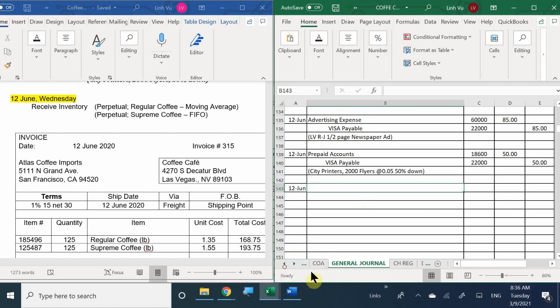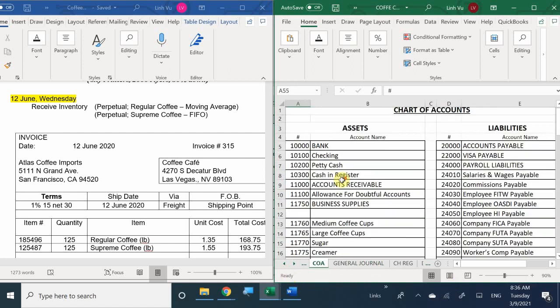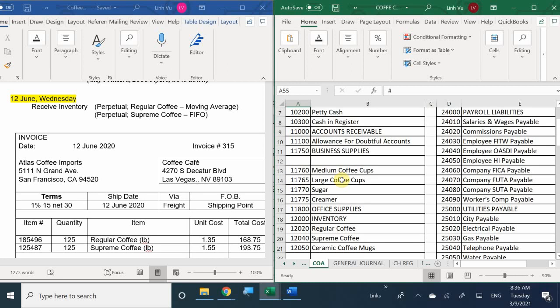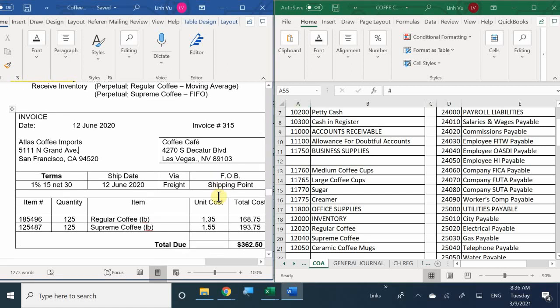What is considered inventory? 12,000 is inventory, but let's look. Is there a specific account that I can place it in? Yes, there's regular coffee and supreme coffee. So here we got 1220 and 1240.